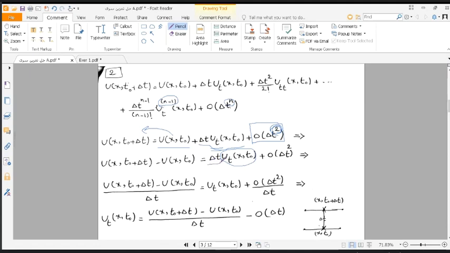Then we have the difference quotient over delta t equal to u_t(x, t0) plus O of delta t squared over delta t.